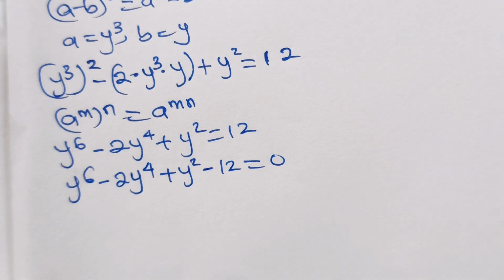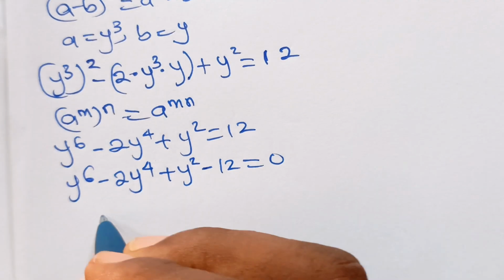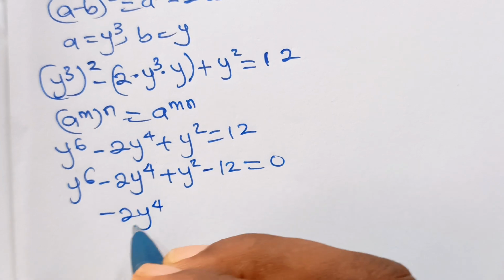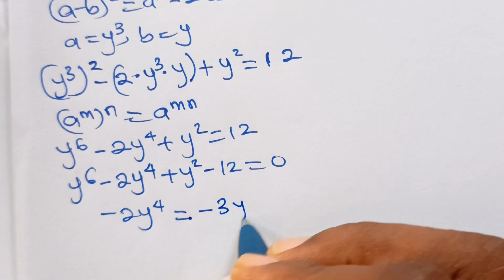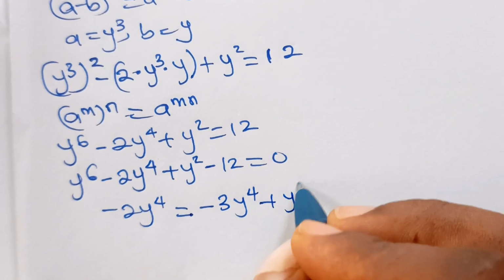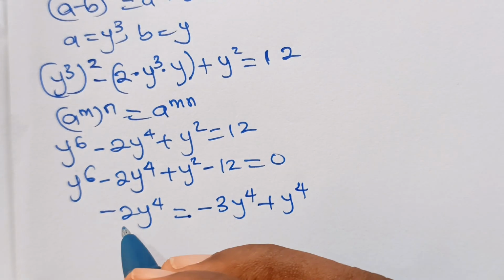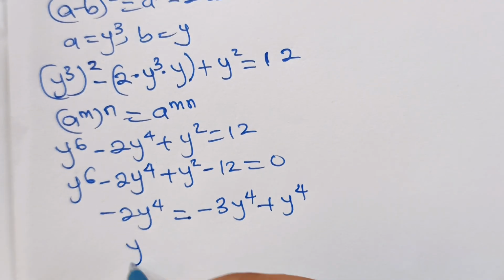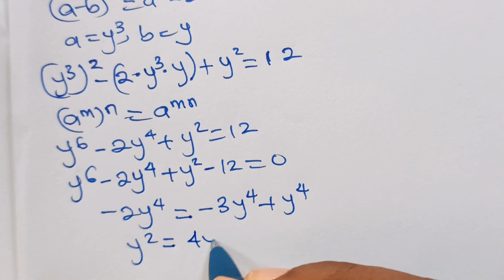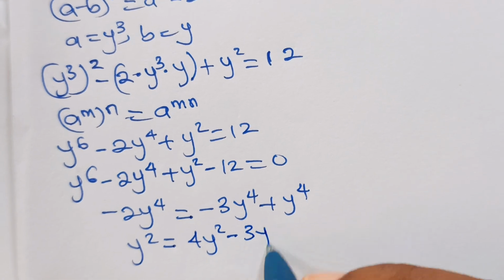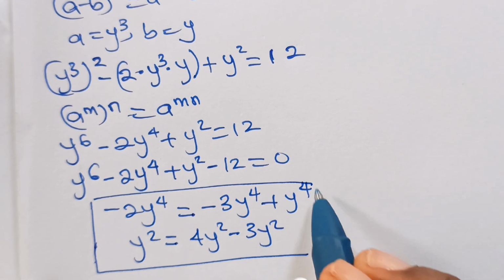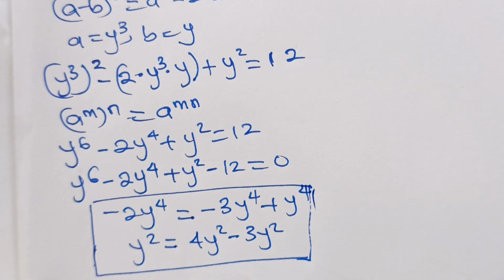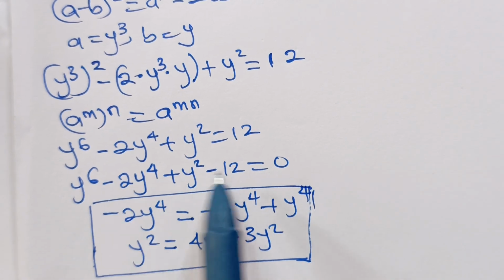Now, I want you to note that minus 2y to the power of 4 can be written as minus 3y to the power of 4 plus y to the power of 4. Similarly, we can express y squared to be equal to 4y squared minus 3y squared. So these two things, we are going to substitute into this particular equation.